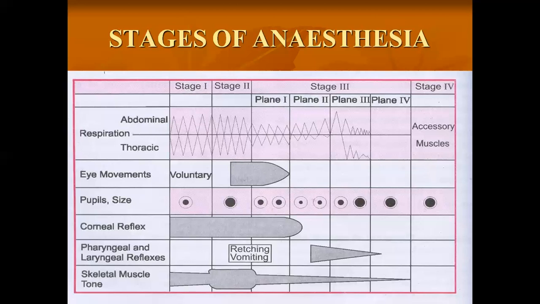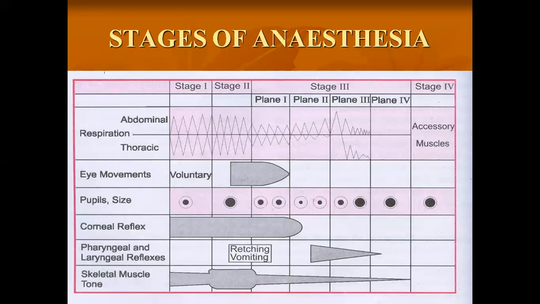Plane 2: the respiratory exertions are regular, but the amplitude is diminished. Muscle relaxation is adequate. Reflexes arising from the larynx are also abolished, and endotracheal intubation can be performed. Plane 3 is characterized by the beginning of asynchrony between the thoracic and the abdominal respiratory movements.